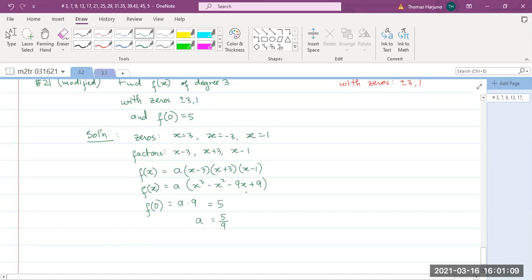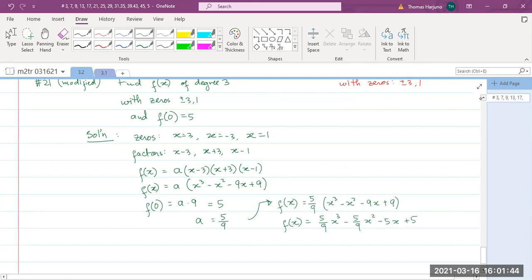Now using that, we get the full function f(x) equals 5 over 9 times (x cubed minus x squared minus 9x plus 9). Which of course we can distribute that 5 over 9 to be 5/9 x cubed minus 5/9 x squared minus 5x plus 5.